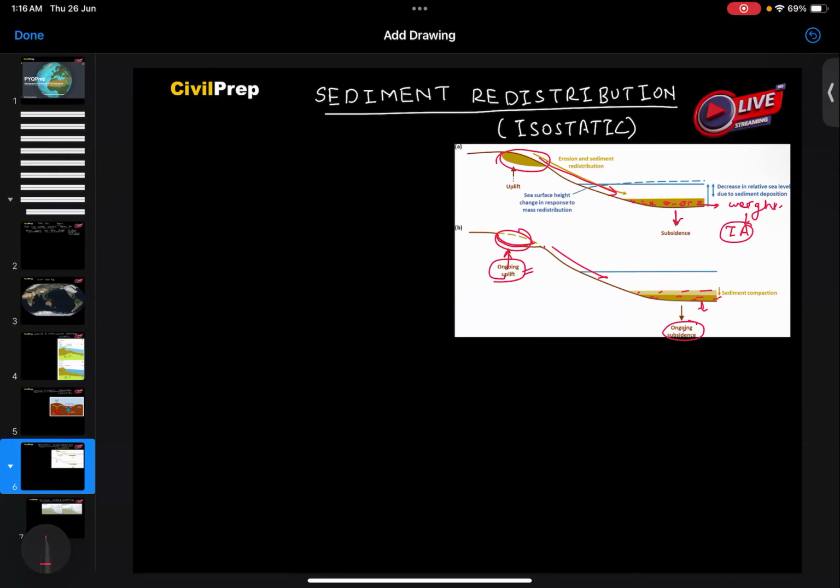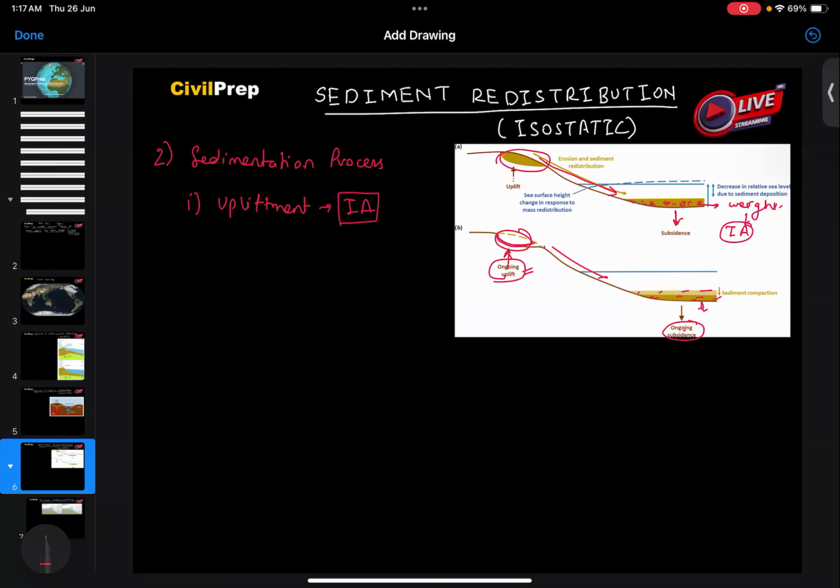So this is the second example, where under the sedimentation process, where the upliftment is taking place, isostatic adjustment is also taking place.